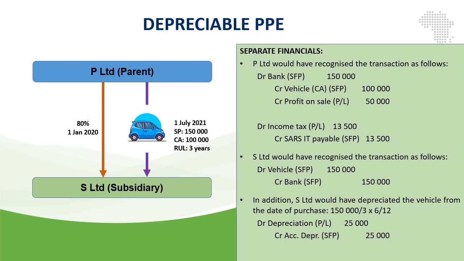Then from the date of sale, S Limited depreciated this vehicle, and they would have depreciated it based on its remaining useful life of 3 years for the last 6 months of 2021 because it was acquired in the middle of the year. So they debited depreciation with 25,000 and credited accumulated depreciation with the same amount.